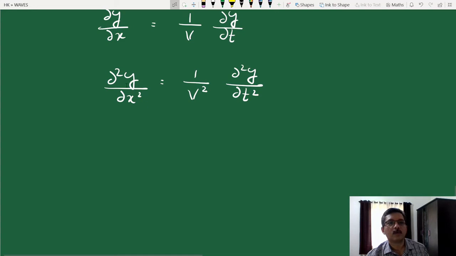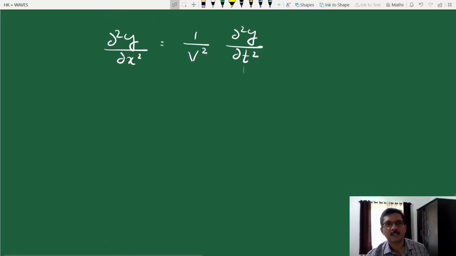So the wave function doesn't have any dimension per se. What is the dimensional quantity involved here? On the left hand side we have dou square by dou x square. That means 1 by L square, 1 by length square. Length square comes in the denominator. So on the right hand side also the dimension should be 1 by length square, right?